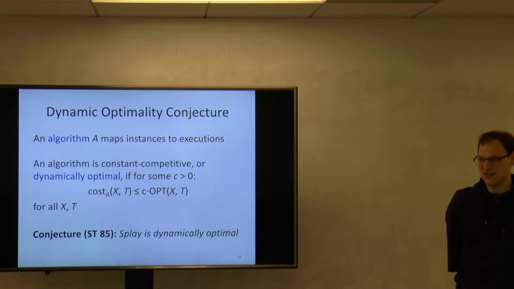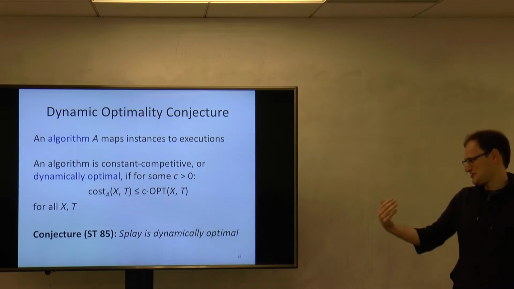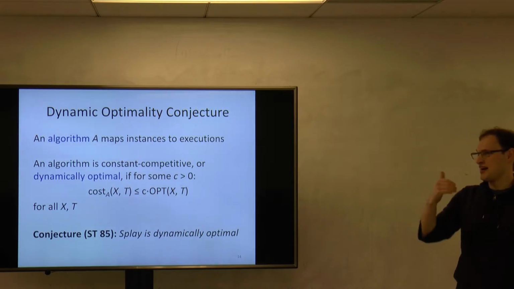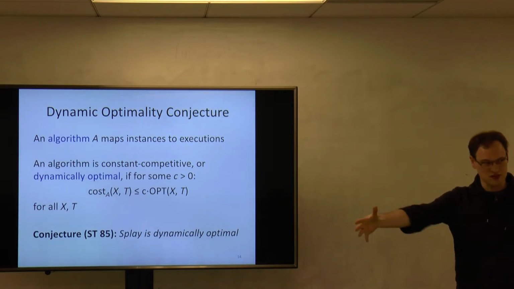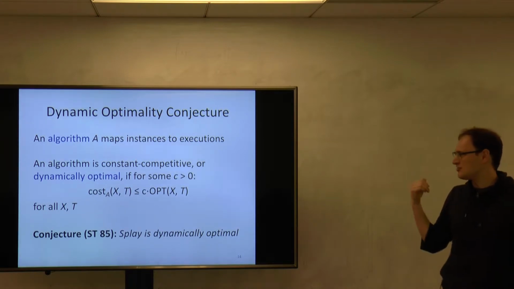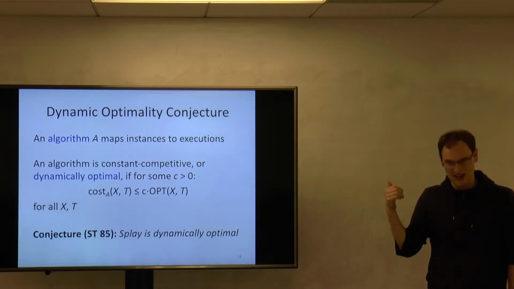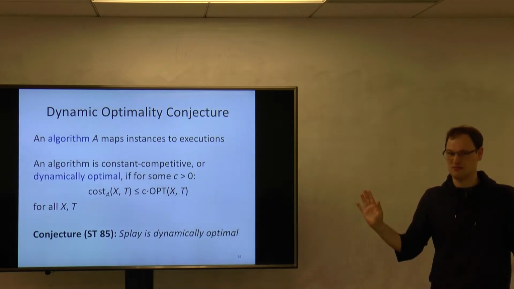The conjecture is that splay is within a constant factor. The conjecture is that the execution output by Splay, there exists some constant so that the cost of splaying x starting from t is no more than that constant times the optimum cost. That's the conjecture.